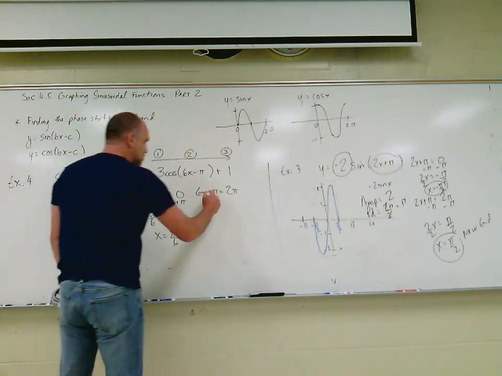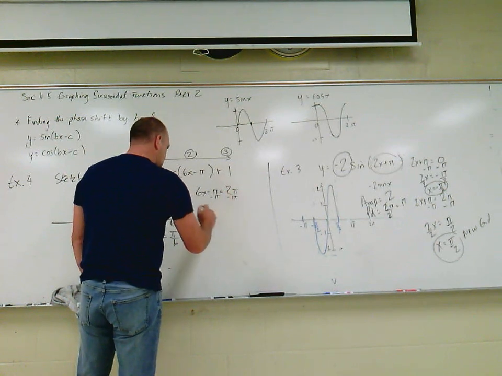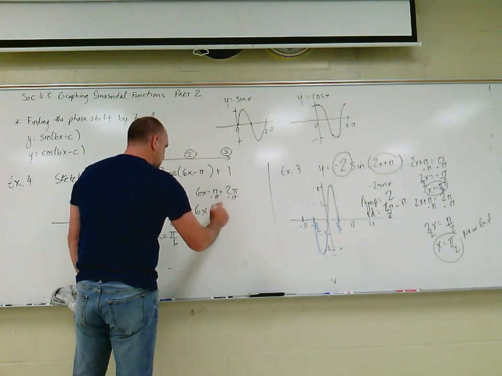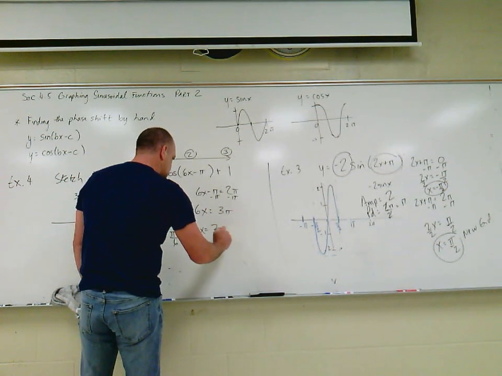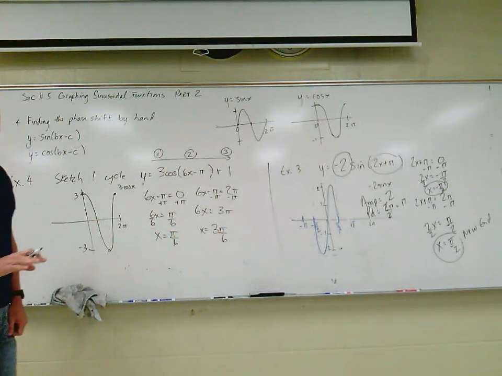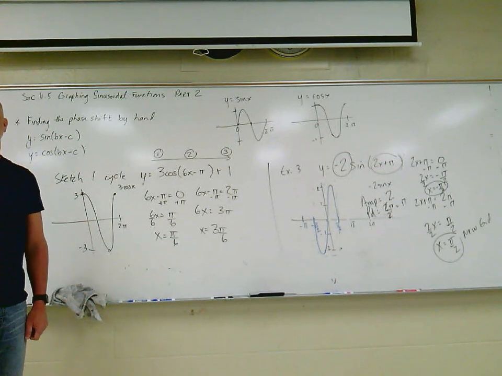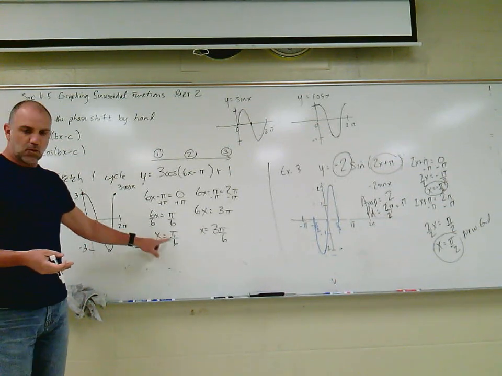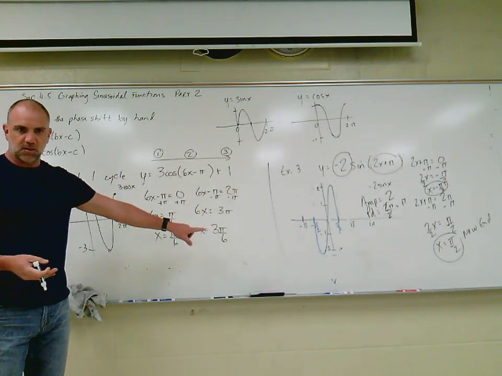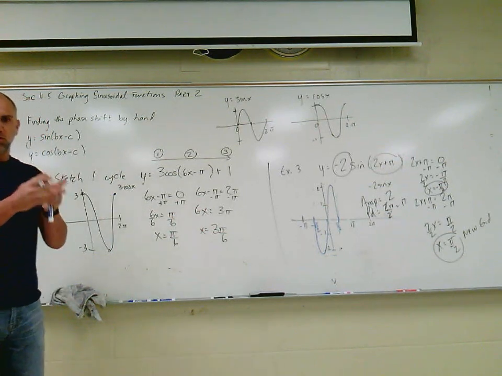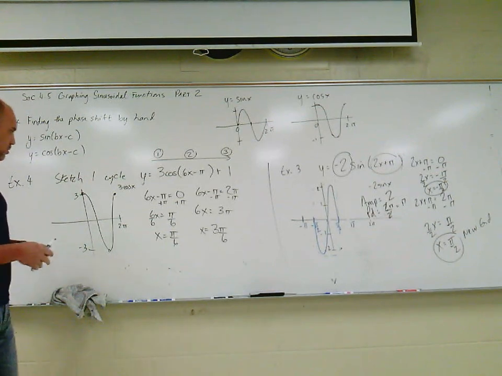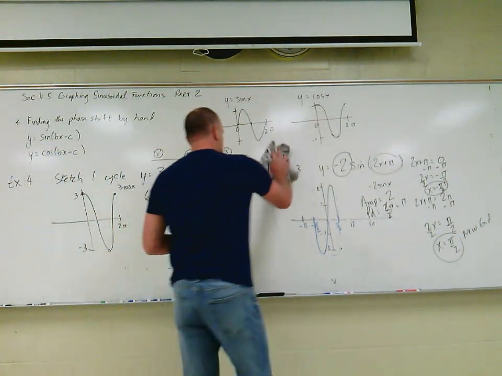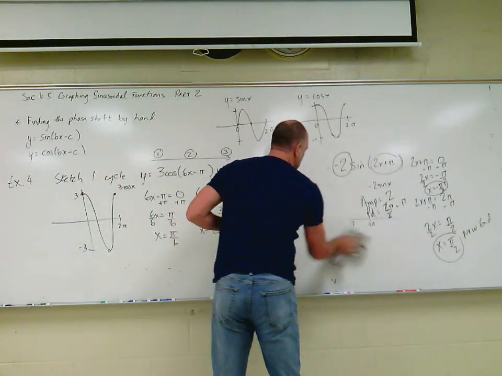Over here, add pi. I'm going to leave it not simplified for a second. 6x is 3 pi, so x is 3 pi over 6. The reason I'm going to leave it not simplified is it's easier to see what a good incrementation would be. Since the start is pi over 6 and the end is 3 pi over 6, I'm going to use pi over 6 as the incrementation.